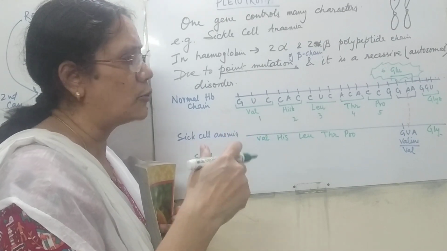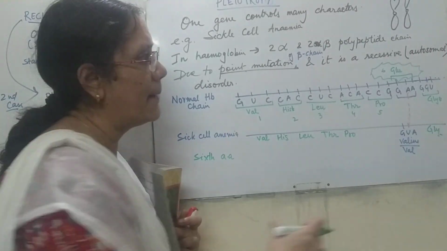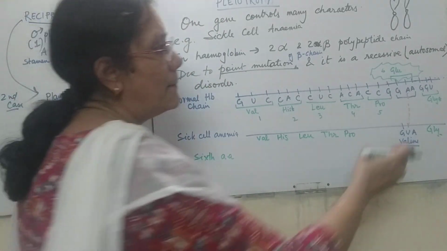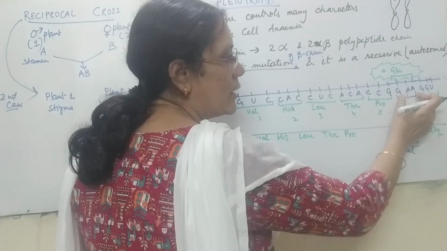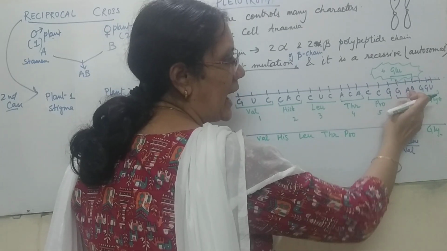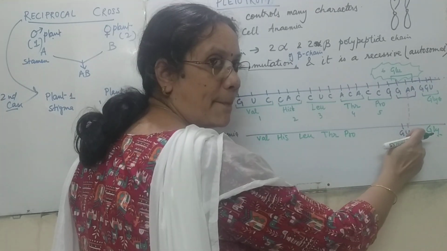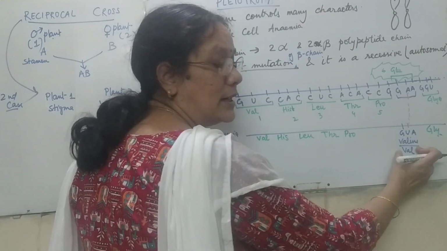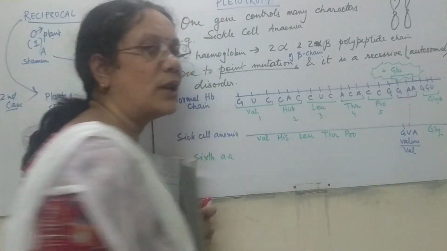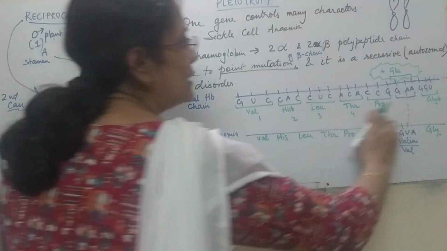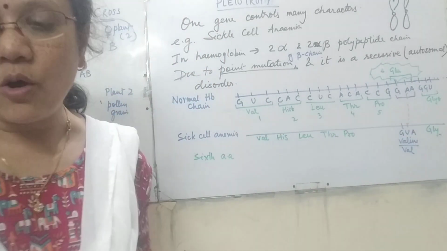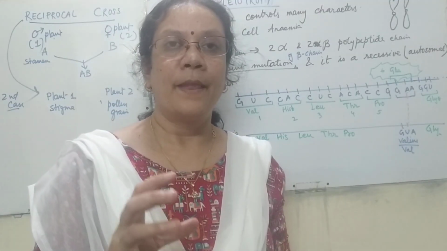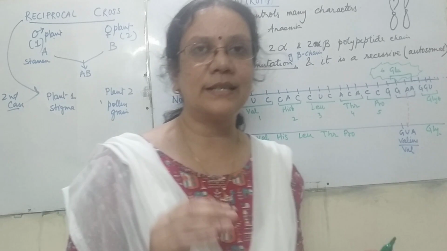The A becomes U. So this is a mutation which has happened. The entire code has changed from GAA to GUA. So now, instead of glutamic acid, a different amino acid has come, which is known as valine. Now this change is going to cause a lot of change in the structure of the hemoglobin. Okay, we will discuss that now.